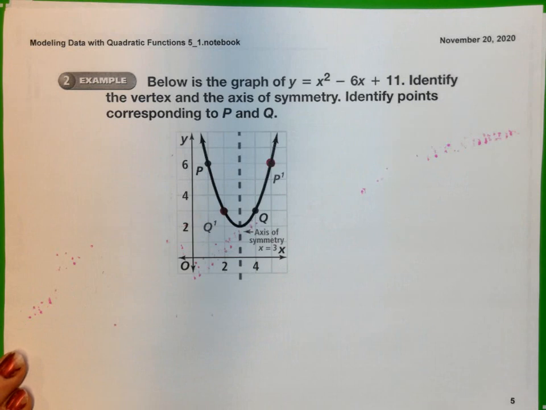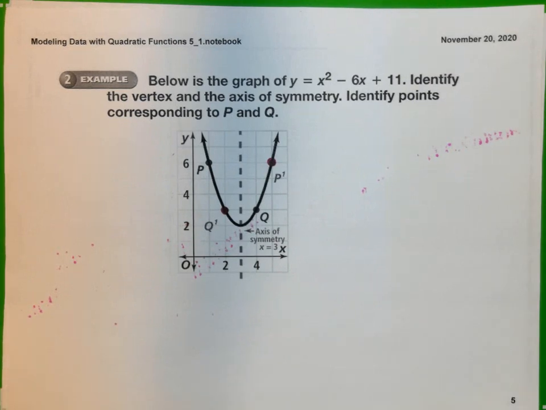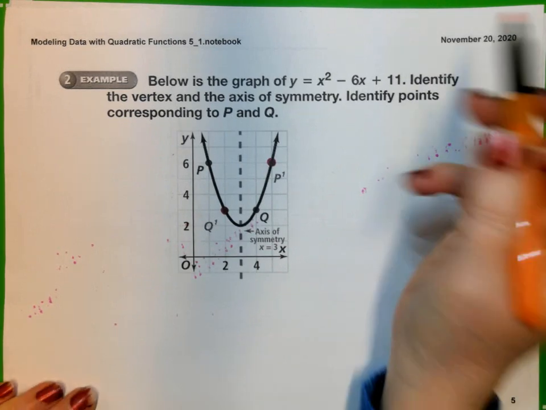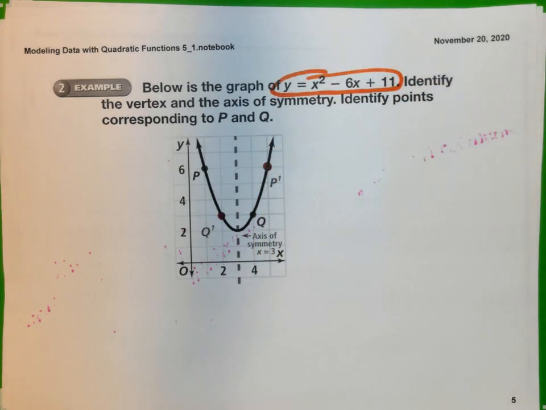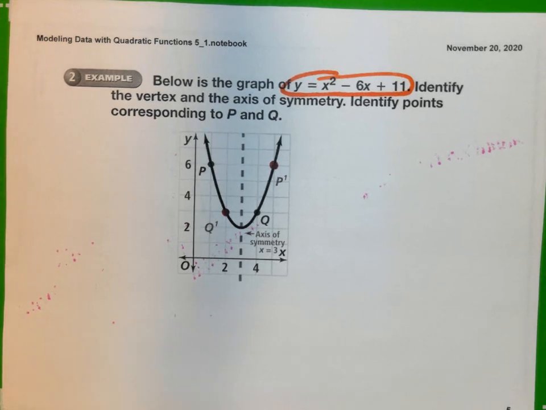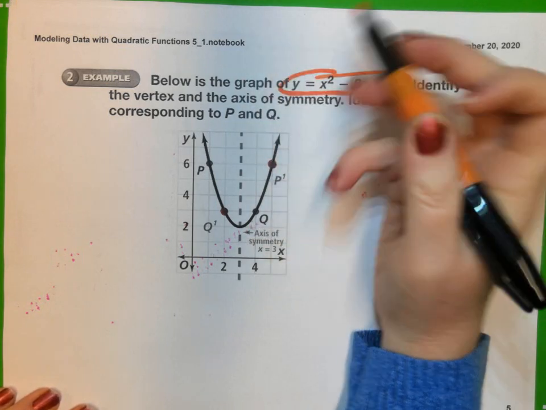Okay, here's the graph of the parabola. It says it's y equals x squared minus 6x plus 11. It says identify the vertex, the axis of symmetry, and the points corresponding to P and Q. All right, so first thing, we have the axis of symmetry and the vertex.